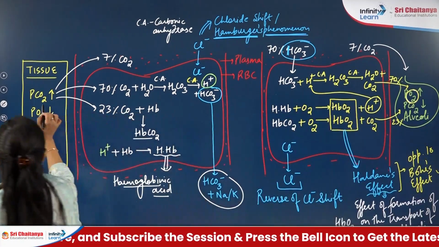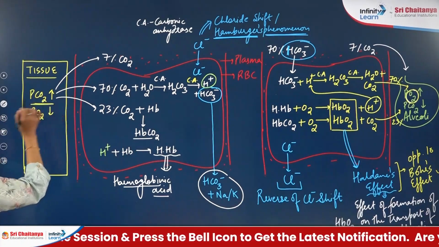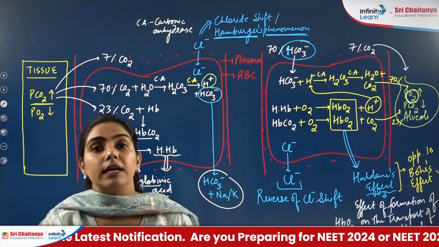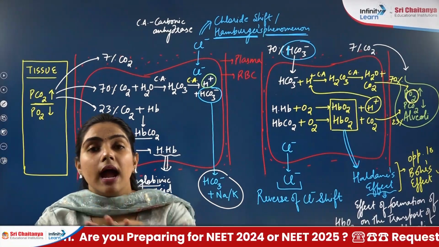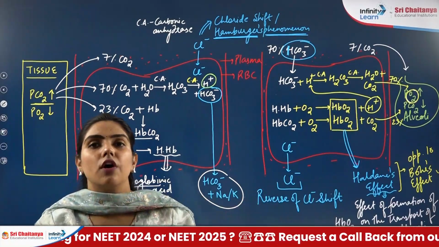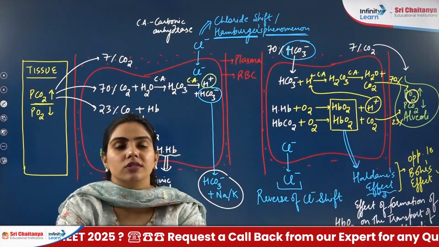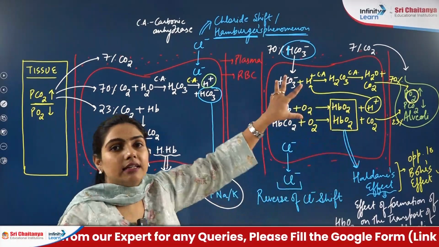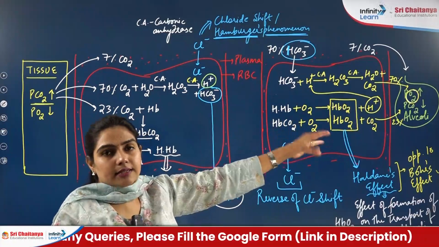When the partial pressure of CO2 is more, then it will lead to the formation of HbCO2 and it will lead to the dissociation of HbO2. That is Bohr's effect.